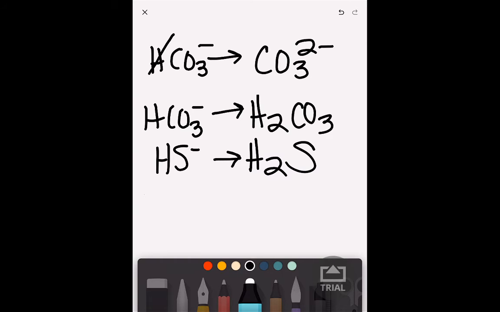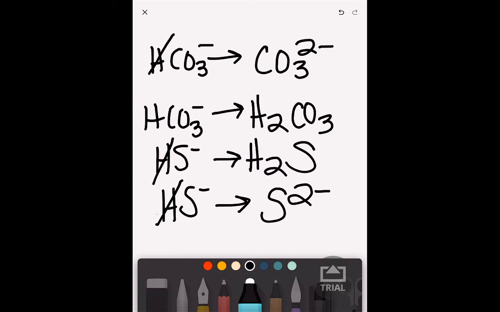HS minus, we put it gaining 1 and becoming H2S, but could it lose 1? It has a hydrogen to lose. So HS minus could actually lose a hydrogen ion, and if it lost that, it would become S2 minus.